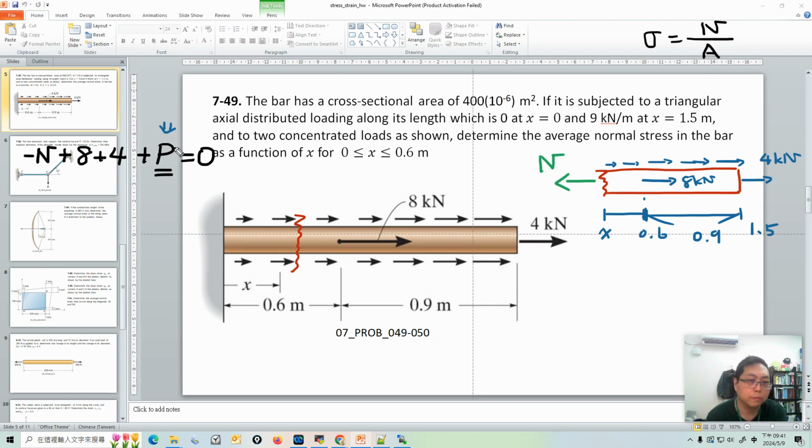He gives you the distributed load: at x equal to 0 it is 0, and at x equal to 1.5 it becomes 9 kilonewton per meter. Let me just draw it here: for x equal to 0 it's 0, and for x equal to 1.5 it becomes 9.